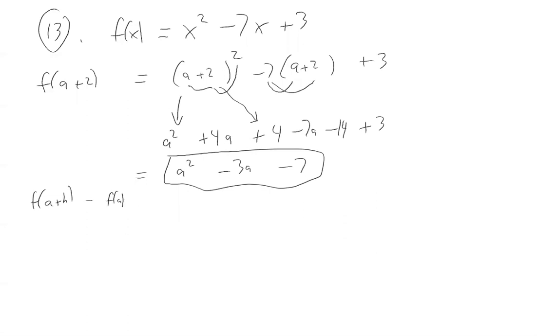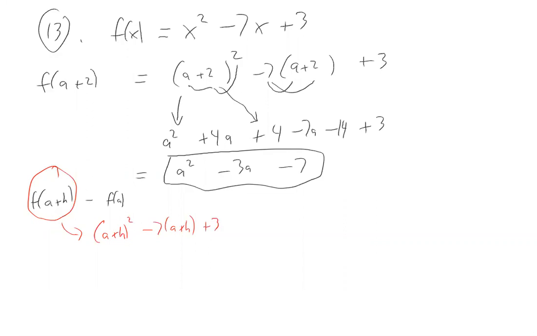So that's actually two problems in one. So first of all, I'm going to find f of a plus h. That would equal a plus h squared minus 7 times a plus h plus 3.